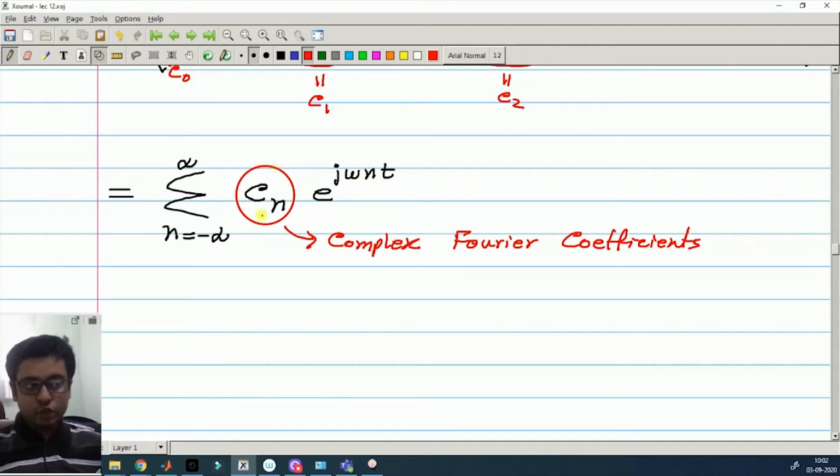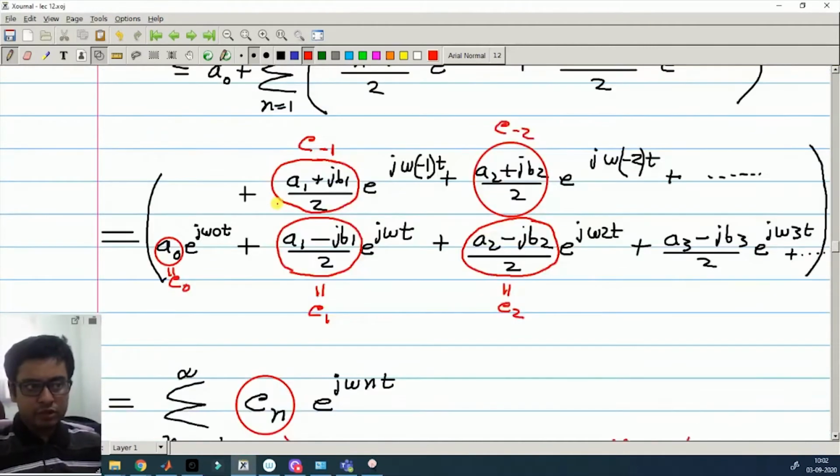Now, the required value of these mixing coefficients Cn can be found from An and Bn. If you already know An and Bn, then Cn can be calculated as (An minus jBn) by 2. And if you do not know, we will use the trick that we used yesterday.